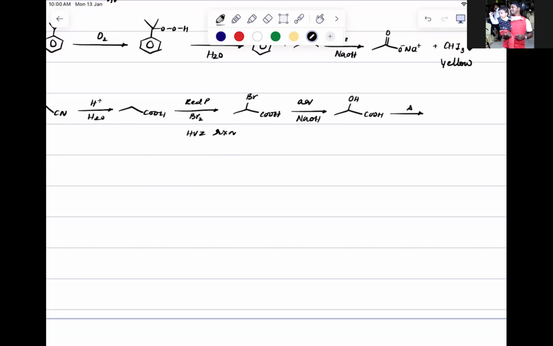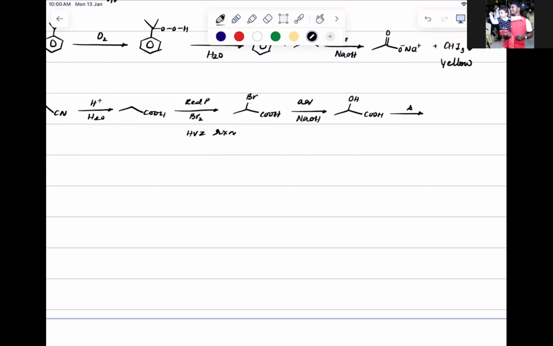Next. Suppose we have benzene here, reaction with CO and HCl in the presence of anhydrous AlCl3 and CuCl will convert it into benzaldehyde. This is called the Gattermann-Koch reaction.